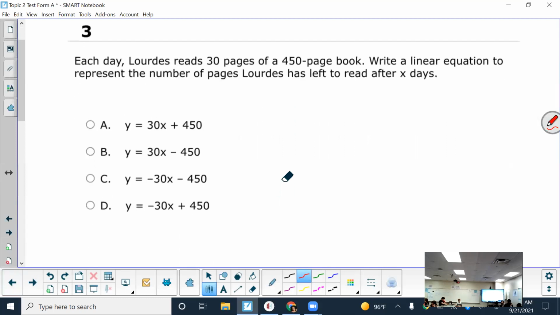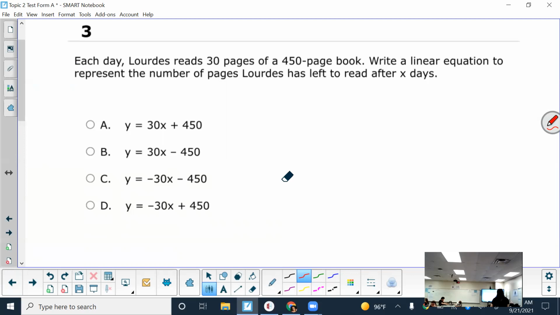Each day Lourdes reads 30 pages of a 450-page book. Write a linear equation to represent the number of pages she has to read after x days. All right. So again, tomorrow it's not going to be multiple choice for this one, but you can figure out which one is going to be your slope and which one's going to be your y-intercept.